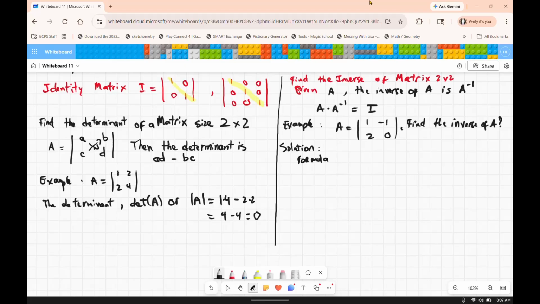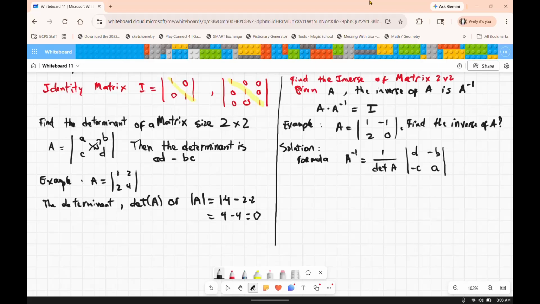The formula is the inverse is equal to 1 over the determinant of the matrix A, and then you multiply with the matrix where you switch A and D, and then you switch the sign of B and C. The places of B and C stay the same.